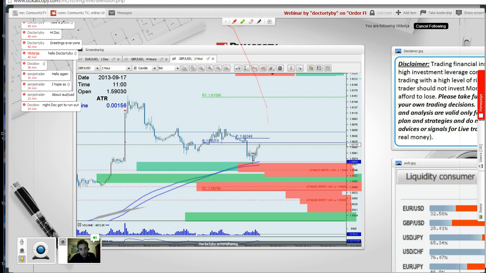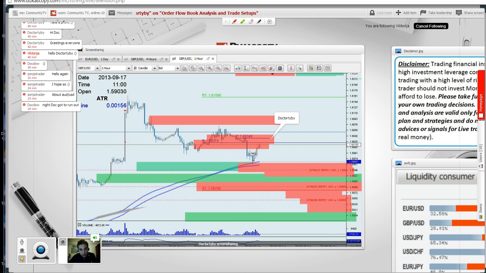Some supply is gathering around 1.61, even if 1.61 doesn't show that many orders, or a confirmation from a technical point of view in the past. So what we have here is very little volume.